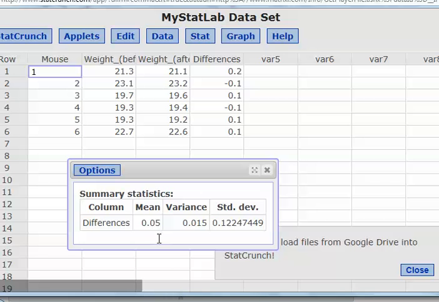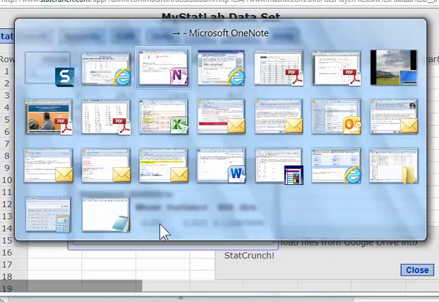So the mean is 0.5. It found all their differences for the 6 mice and averaged them.